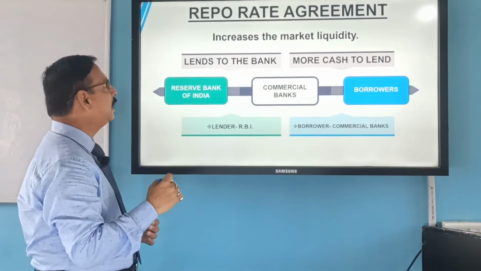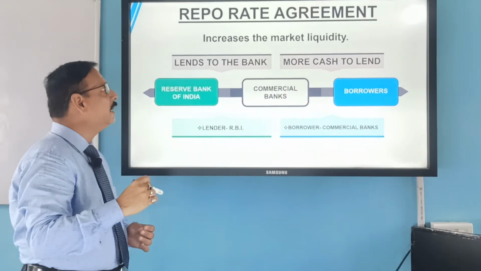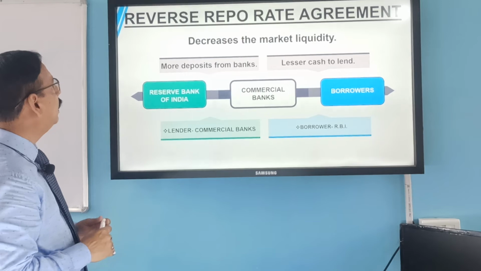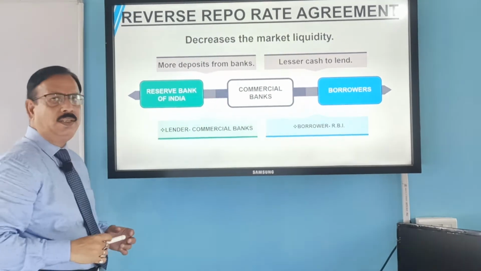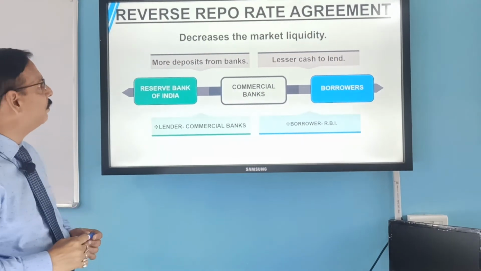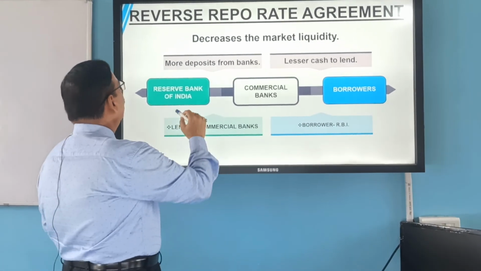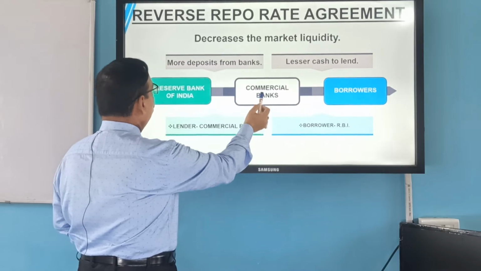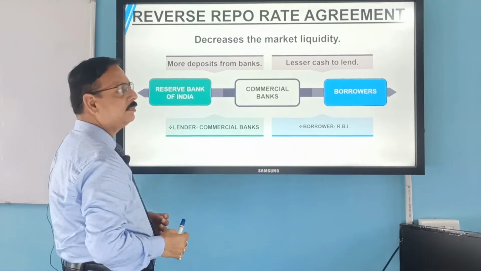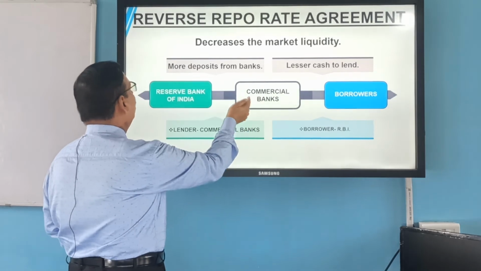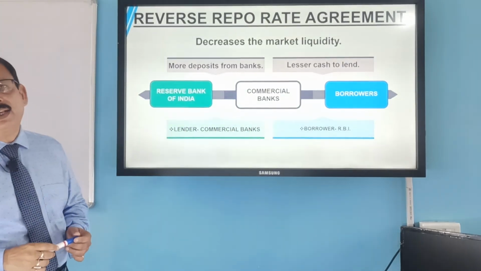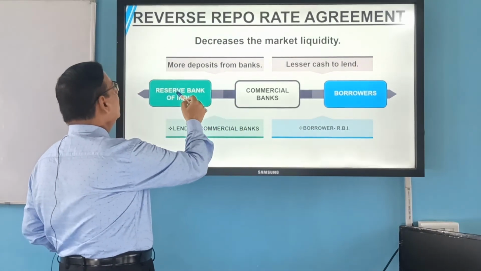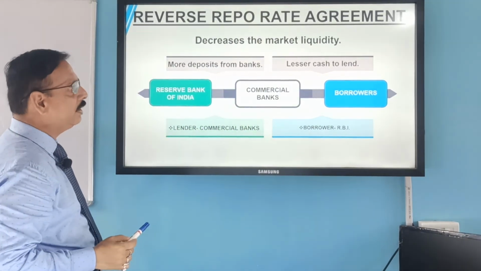Now, let us understand the reverse repo rate agreement. In the reverse repo rate agreement, you see what is happening. Reserve Bank of India will take deposits from the bank. Means commercial bank will give money to Reserve Bank. Naturally, when commercial bank will give money to Reserve Bank, then what will happen?